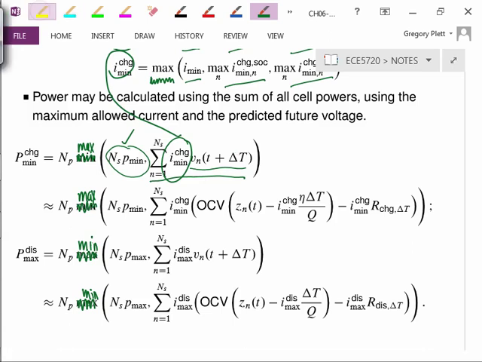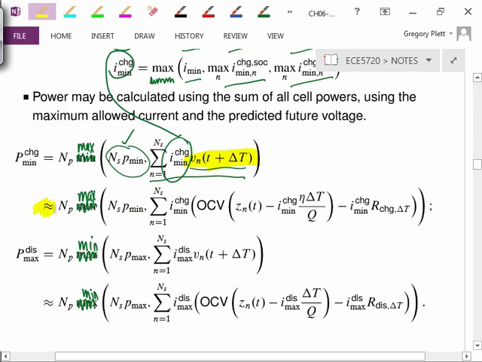To compute the Vn, the terminal voltage of cell n delta t seconds in the future, we use our simple cell model, and we say that it's approximately equal to the open circuit voltage delta t seconds in the future, which uses the state of charge update equation to determine what that is, and it uses the current times resistance of the cell in the charge sense.